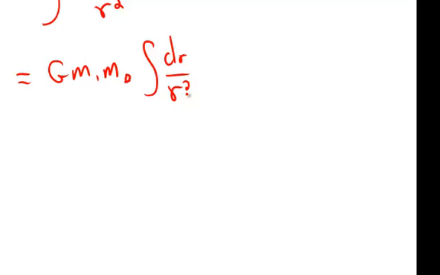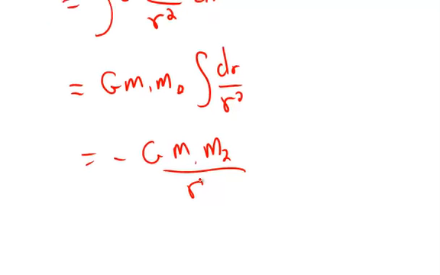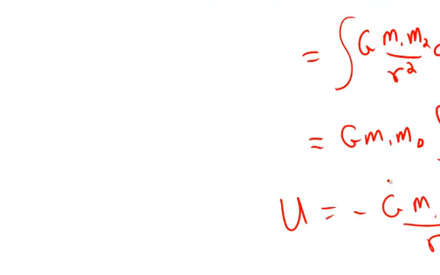Now this is an integral that you should probably be fairly familiar with. And the result here is just going to be a negative g m1 m2 over r. So that's my gravitational potential energy. This is one of the key things that comes out of this section, so make sure that you're familiar with that.